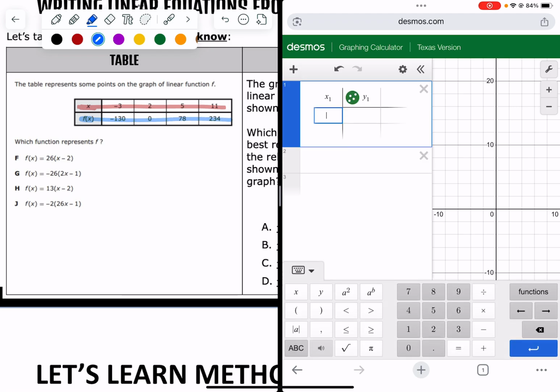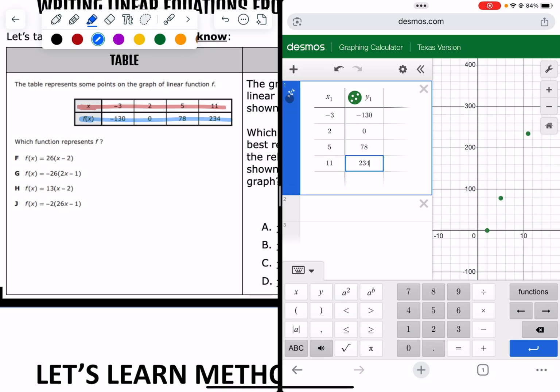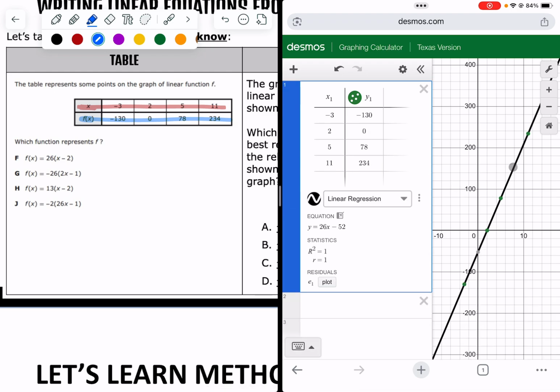So plus table. And then we're going to type all the values in. -3, 2, 5, 11. Now -130, 0, 78, 234. If I press the plus, then the little four dots, I get this black line.